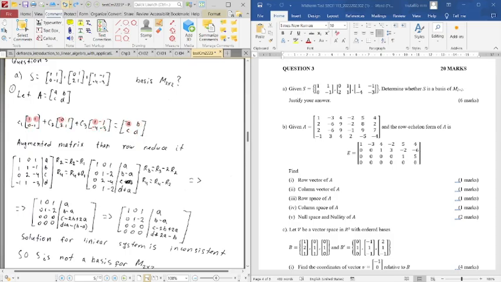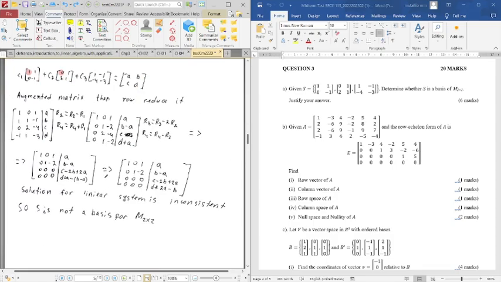So after doing this, we reduce it to row echelon form as we did in the previous question.